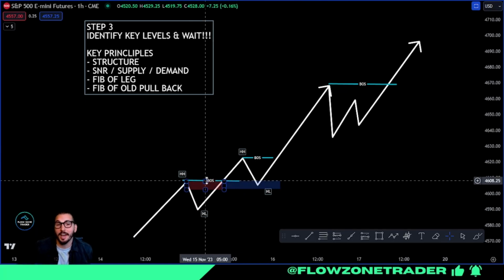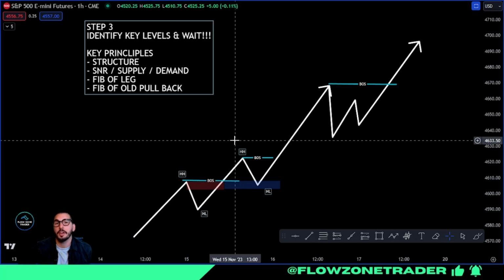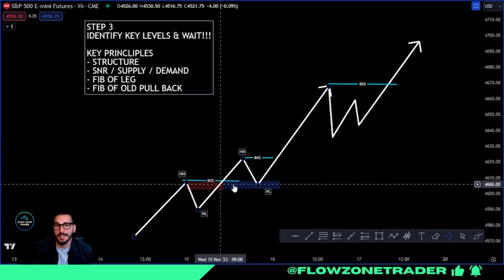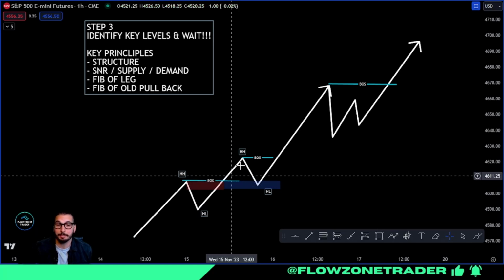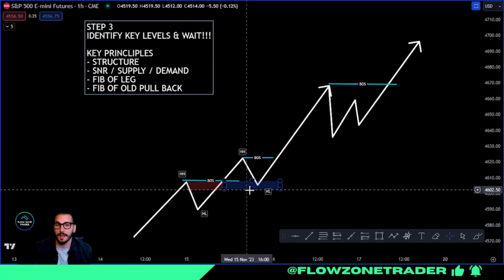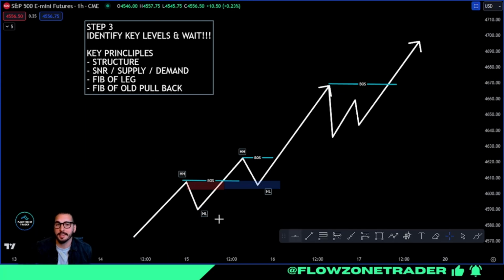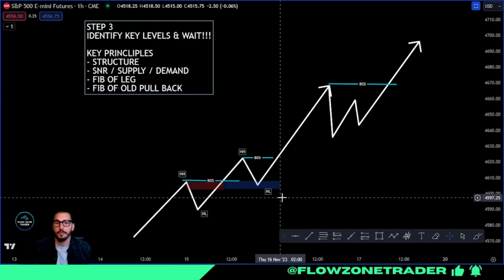But this is how I would do it. This is my flip zone because this was supply, we broke through. Once we come back, I know that any sellers in here who did not get stopped, who are just being really, quite frankly, idiotic at this point, are going to cover at break even, and buyers are going to get good value in the market. So that would be your S&R, that would be your flip of S&R. Resistance becomes support. Really simple.